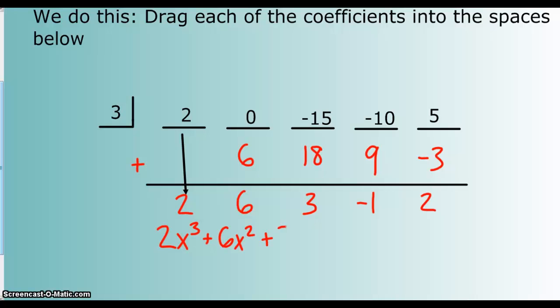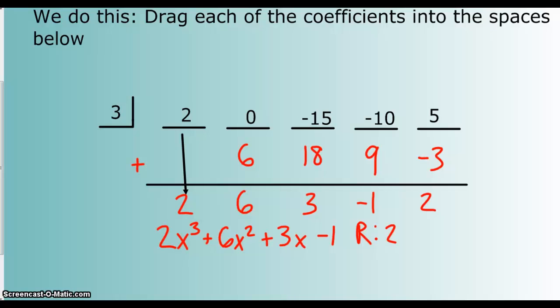Then I have a positive 3, so plus 3x. So each time you go down a power, minus 1, and then the number at the end is the remainder. So we have a remainder of 2. The remainder, remember when you did long division back in the day, is what's left over. So obviously this does not divide evenly.